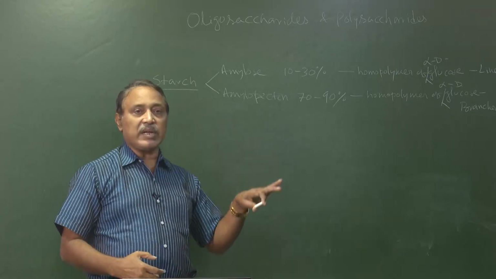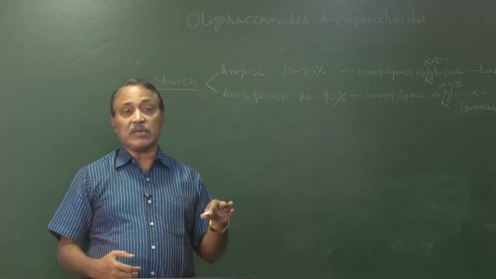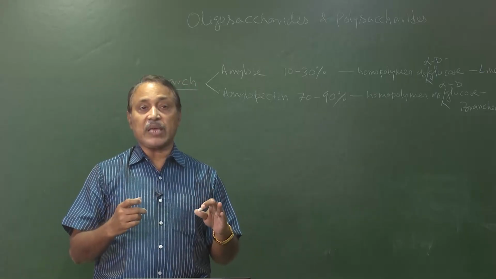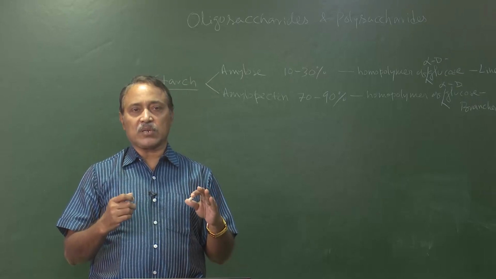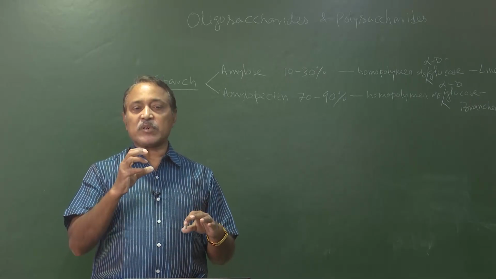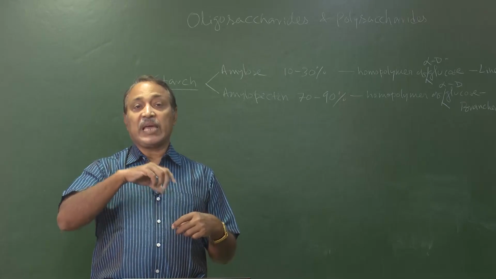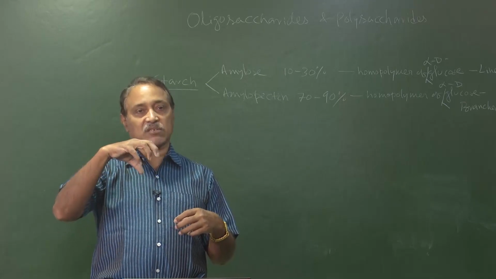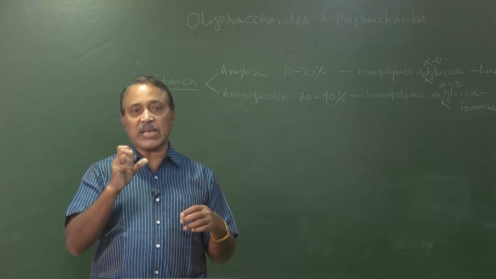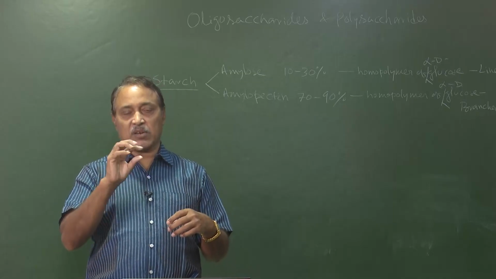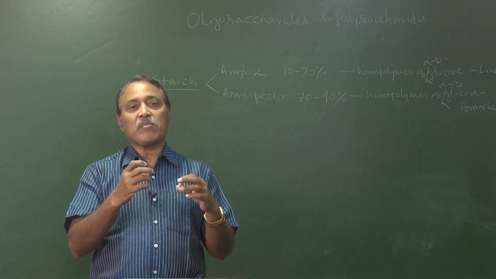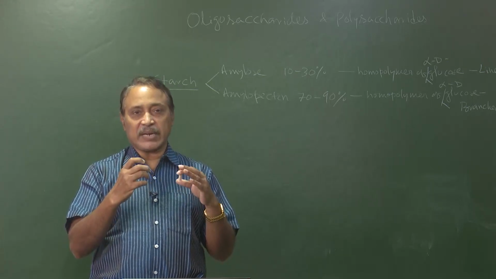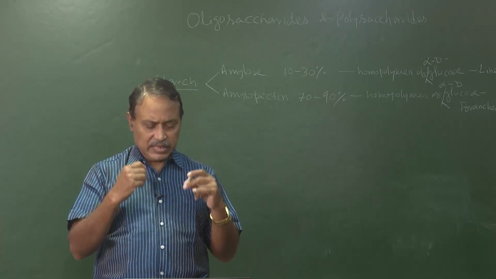Amylopectin, on the other hand, will produce a red-violet color solution, because instead of helical structures, amylopectin produces a globular or micellar structure. So that will produce a violet or red-violet color.